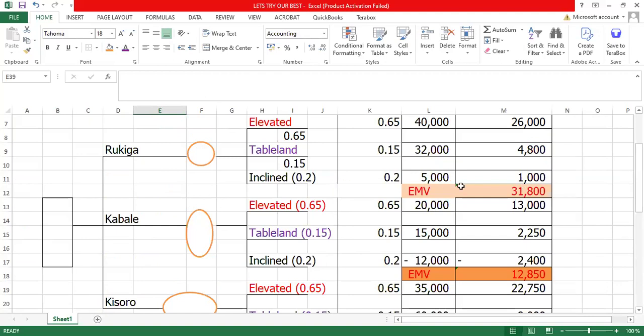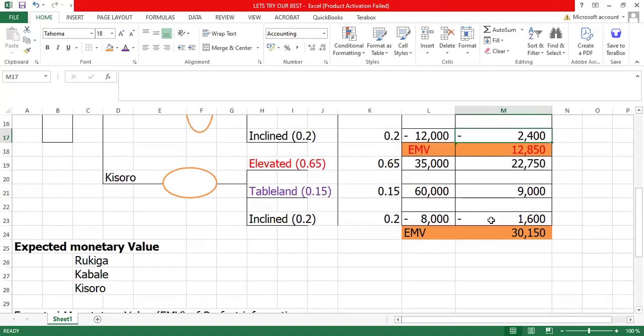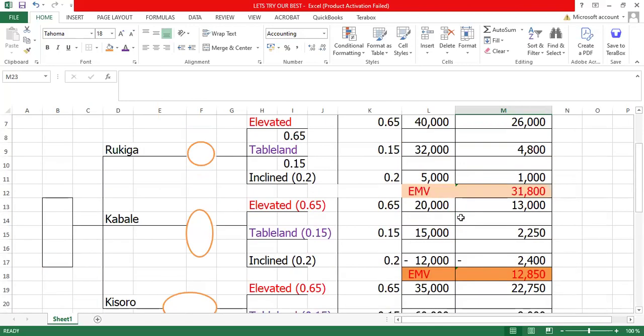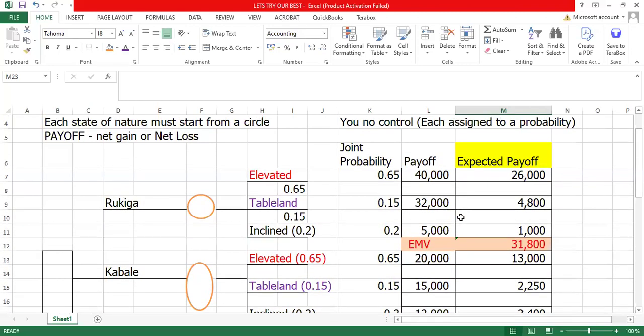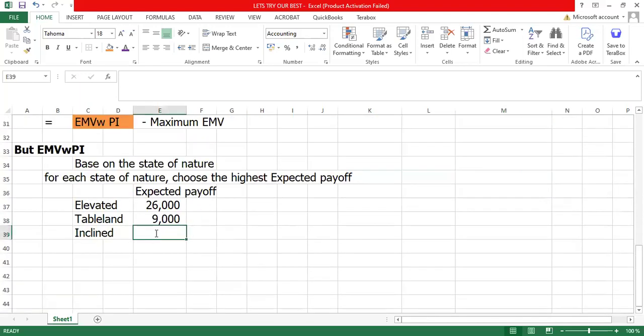Also compare all the figures for the highest. Here you have 1,000. Here you have negative, also negative. So the highest is 1,000.